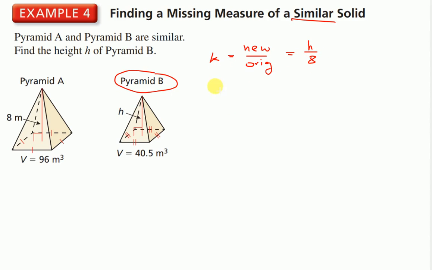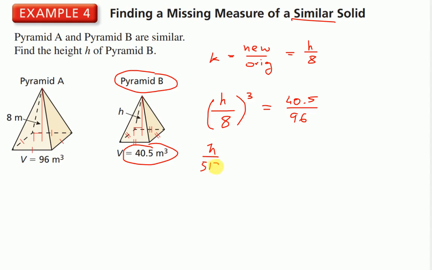That behaves cubed in comparison to the volume, so this cubed is like the volume of the new, 40.5, over the volume of the original, 96.